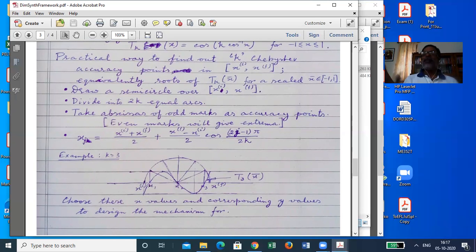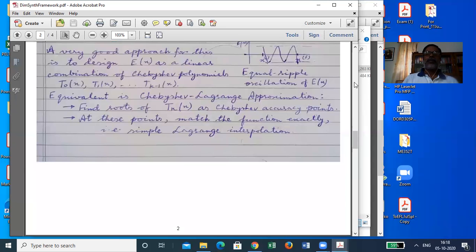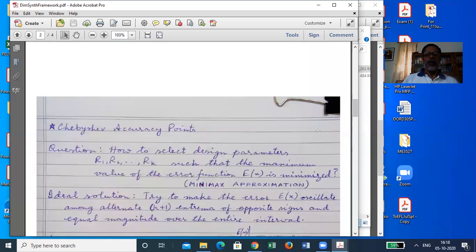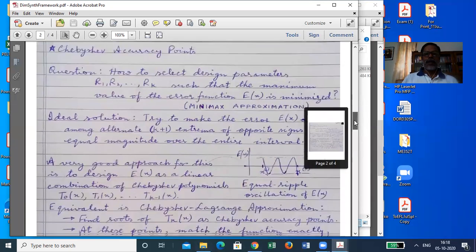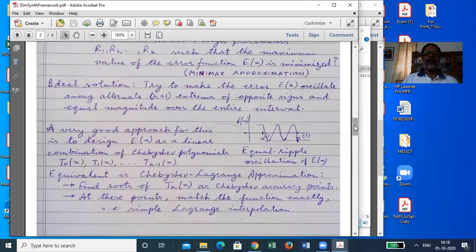And if you then want to make some small modifications, then you can try it out based on the original minimax principle, which is this. Starting from that as the first possibility, you try to make it like this, so that all the 4 maxima are really of the correct magnitude and alternate signs.